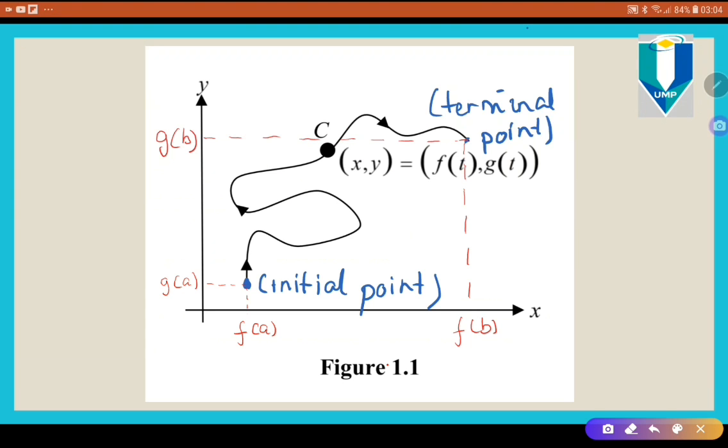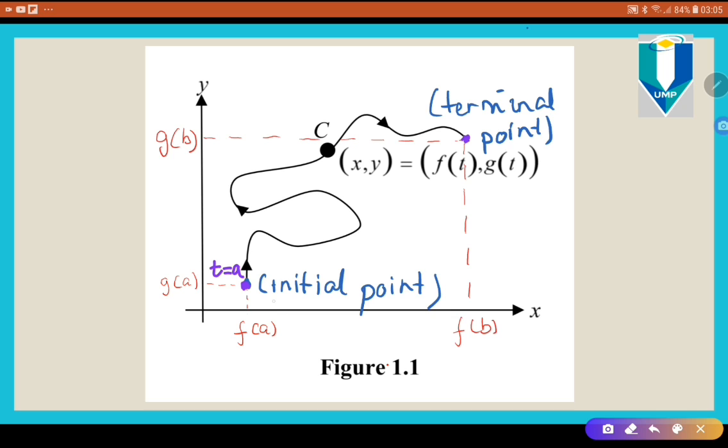Now let's look at figure 1.1. In this figure you have the curve C, and this C is the trajectory of the particle. Suppose the particle moves from that point along the curve until this point here, and at the time t equals a, the point is here.